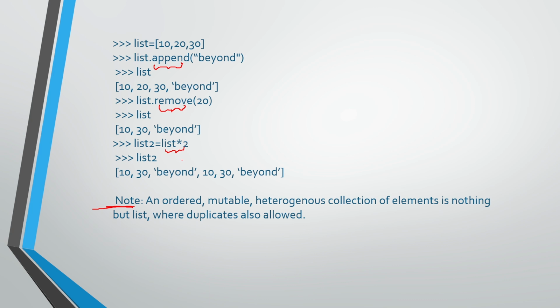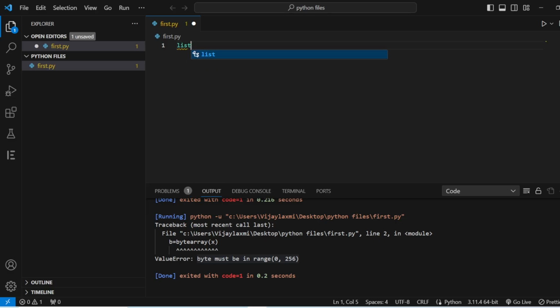So let us see these functions that we have covered with the help of list in Visual Studio. The first one: list is equal to, it should be enclosed in square brackets where heterogeneous contents are also acceptable.